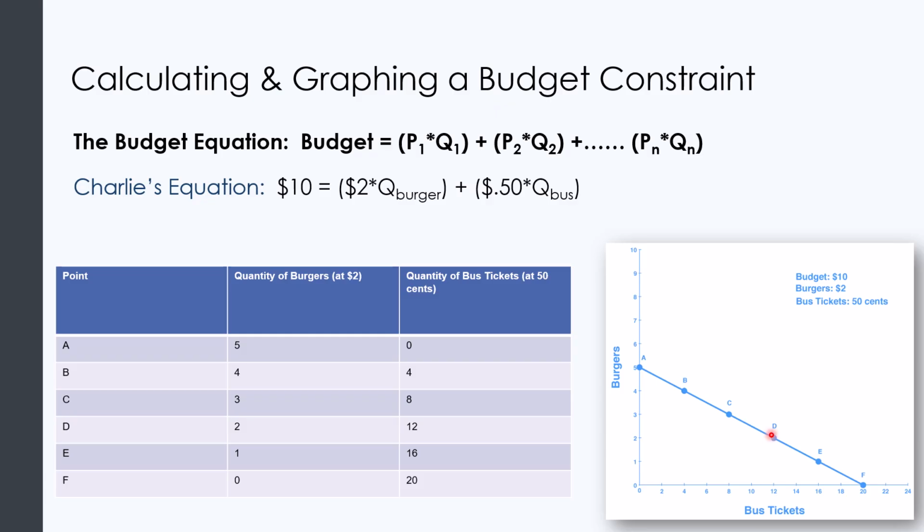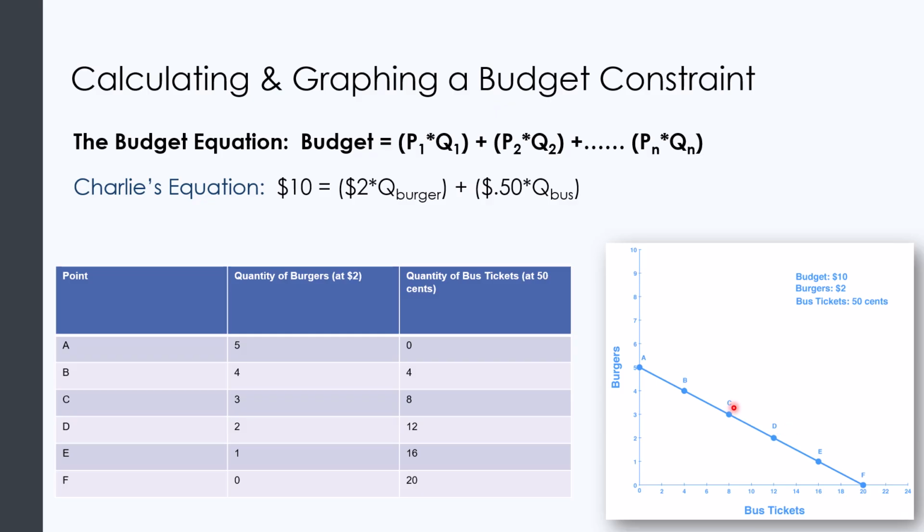If he's got another friend and his goal is to have 2 burgers, well, 2 times 2 is $4 spent on burgers. That leaves $6 of his budget left to spend on bus tickets. He could only get 12 bus tickets for his remaining $6, but still maximized full $10 used.